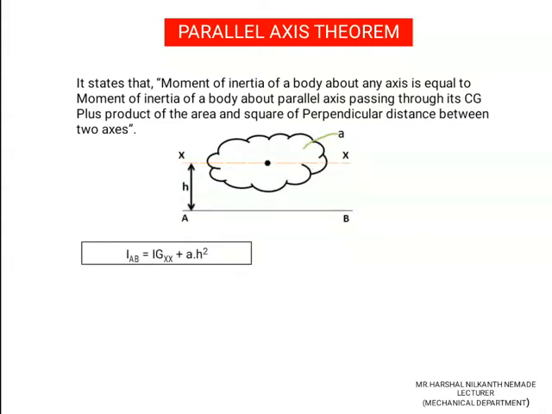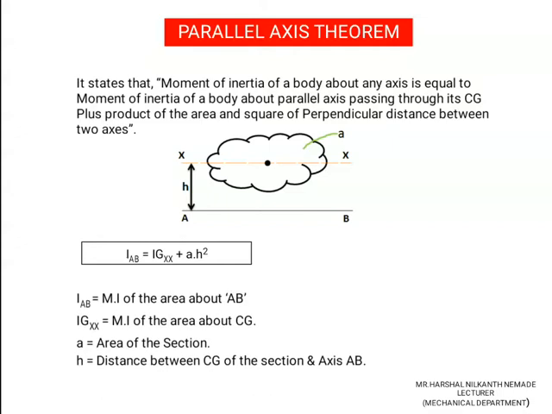IAB is equal to Igxx plus A multiplied by h square, where IAB is the moment of inertia of the area about AB, Igxx is the moment of inertia of the area about CG, A is the area of the section, and h is the distance between the CG of the section and axis AB.